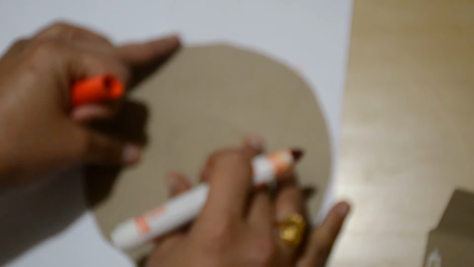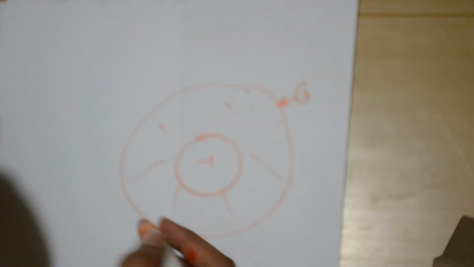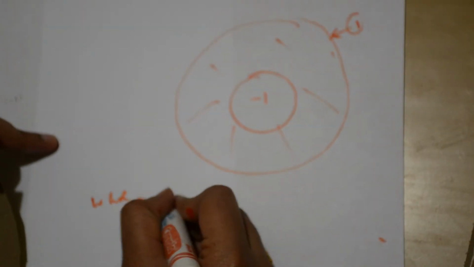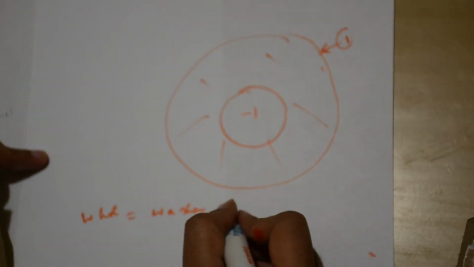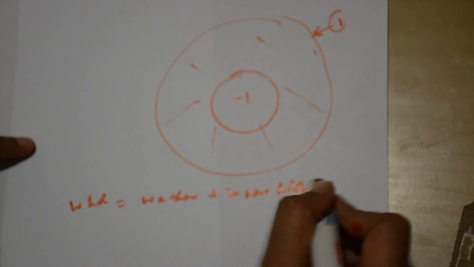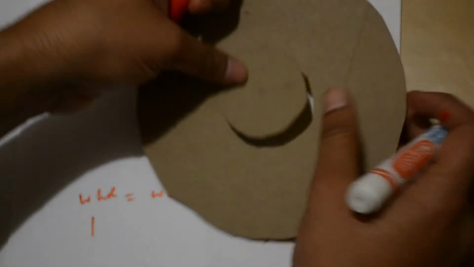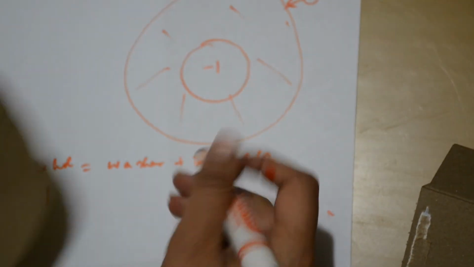So what is this gap in between? This whole is equal to washer plus inner hole. This hole is actually minus 1.